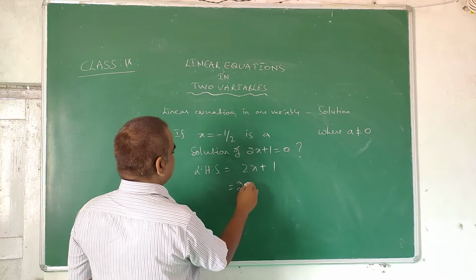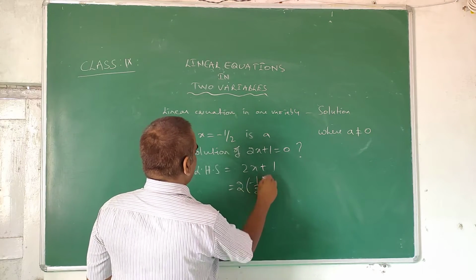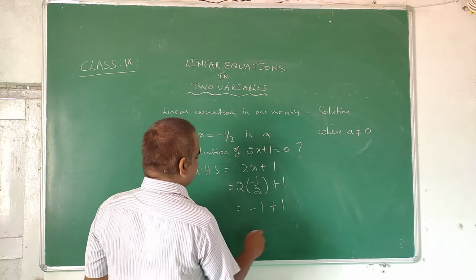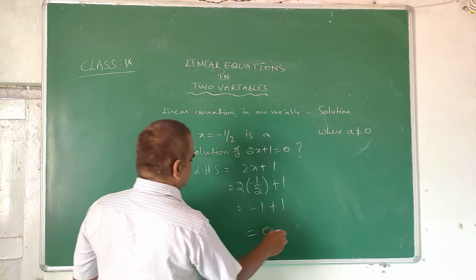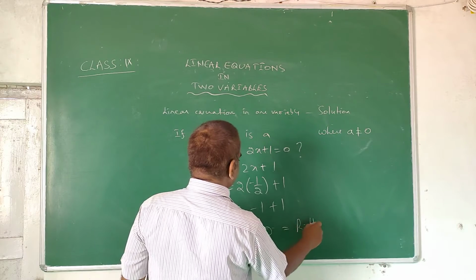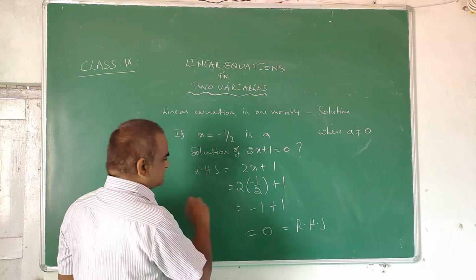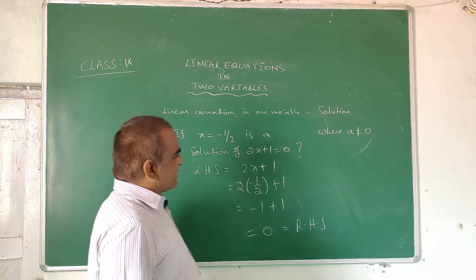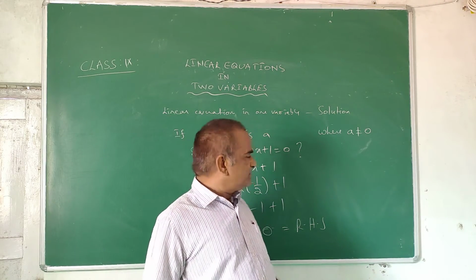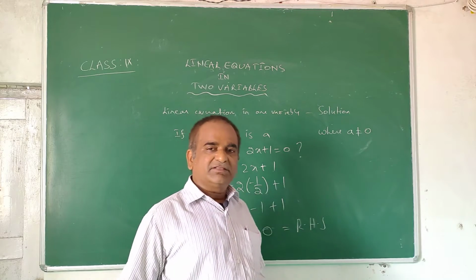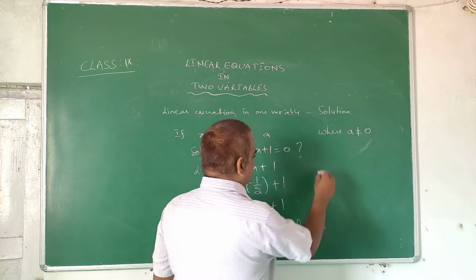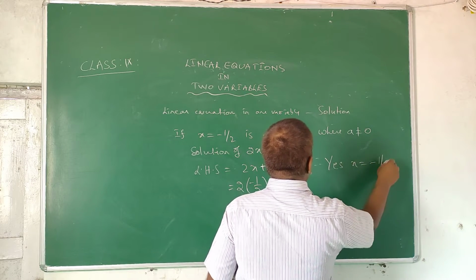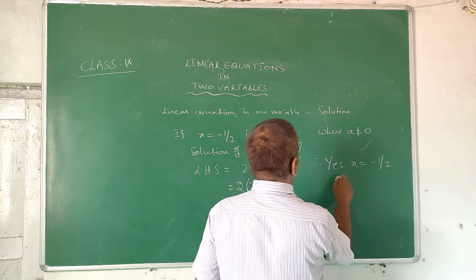Just substitute that x value, 2 into minus 1 by 2 plus 1. So the 2 gets cancelled, minus 1 plus 1, which is equal to 0, equal to RHS. Therefore LHS is equal to RHS, so you can say that x is equal to minus half is a solution of this equation, 2x plus 1 is equal to 0. So yes, x is equal to minus 1 by 2 is a solution.